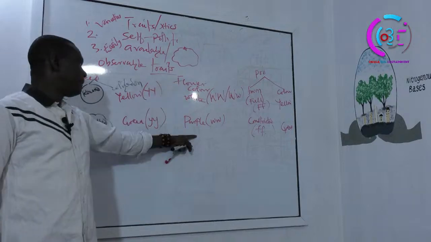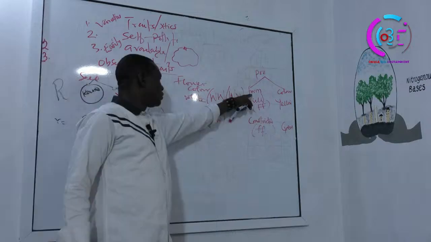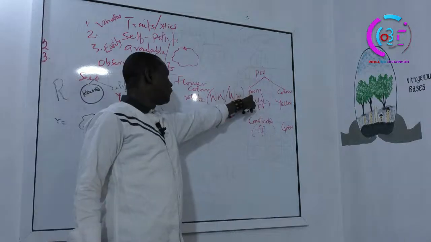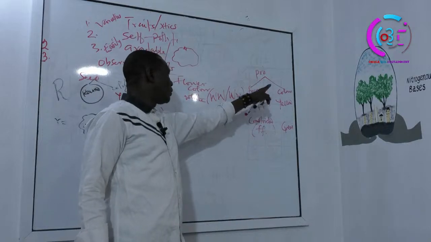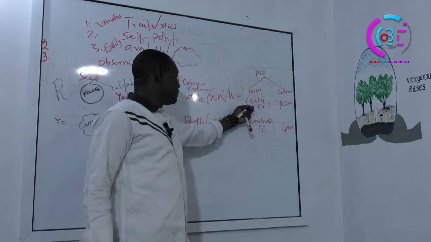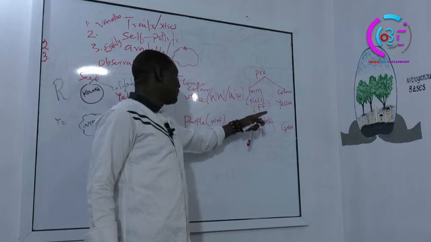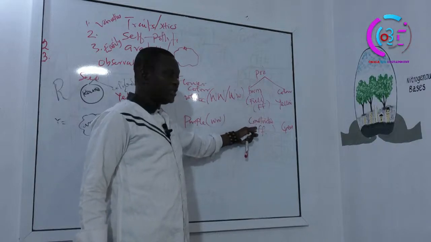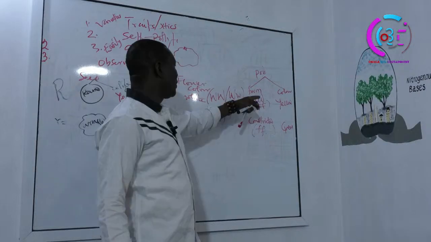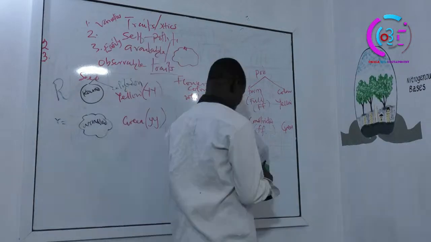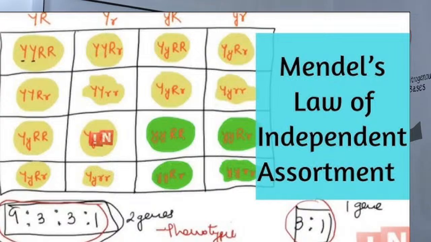Then when you go to the pod, there are two: you are considering the form or you are considering the color. If the form, it is full, represented by capital letter F, or constricted, represented by small letter f. Now the color of the pod can either be yellow or green, so still capital letter Y and small letter y, just like you see. So that is the fourth character.